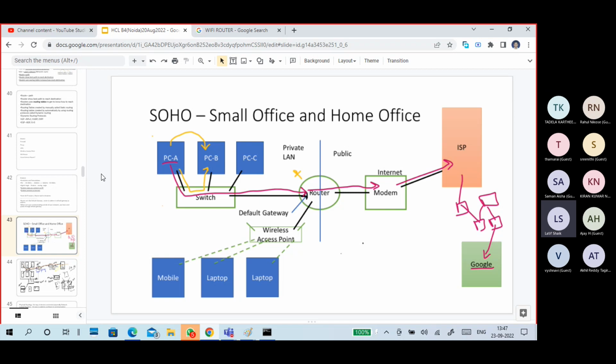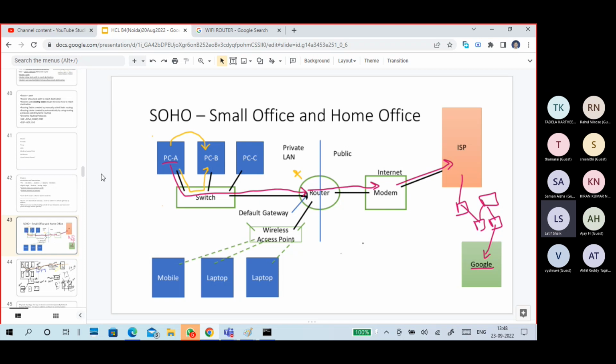A router is an inter-networking device. It means it tries to make communication between two or more networks. The router's outside is a different network, and the router's inside towards the LAN is a different network. So this router will do the routing here, sending a packet from inside to outside, or taking a packet from outside and sending it to inside.